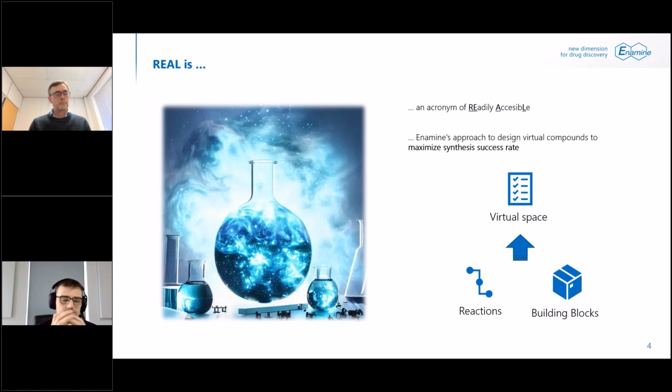And we decided to combine those building blocks using already established reactions which we have in the parallel chemistry department, and in such a way, by combining those two entities, we enumerated the huge, really enormous virtual space of compounds which can be readily synthesized from available at-hand building blocks. And so the first idea, and probably the major feature of REAL compounds, is that they are readily synthetically available.